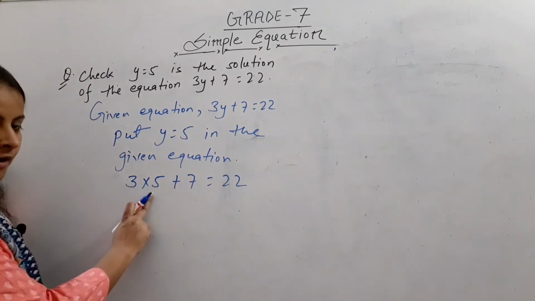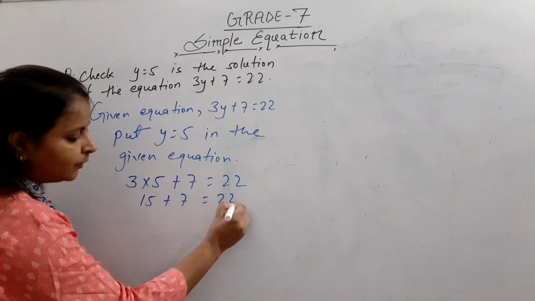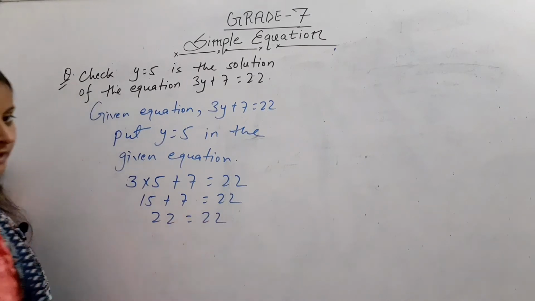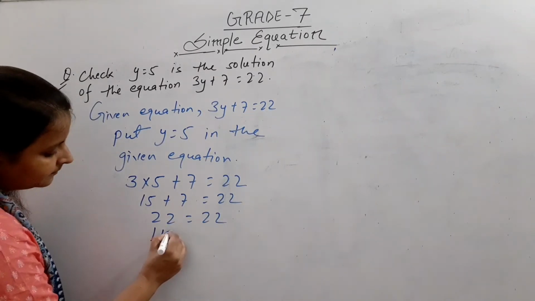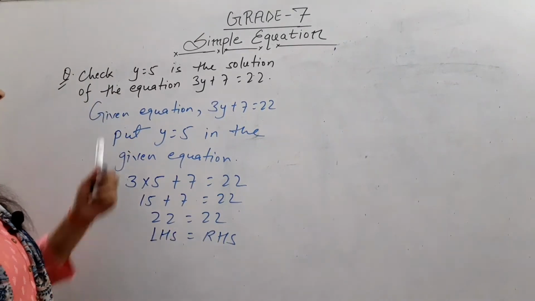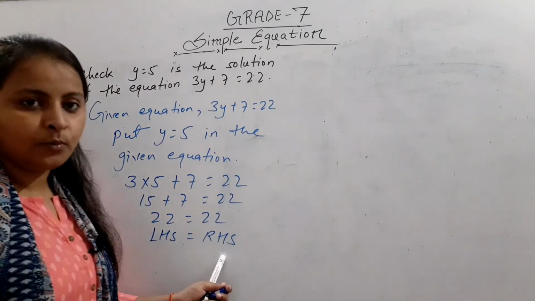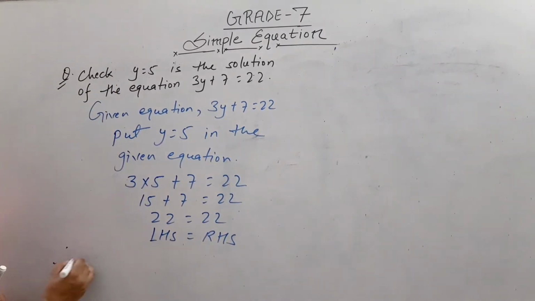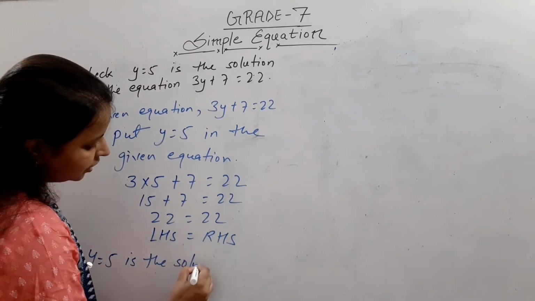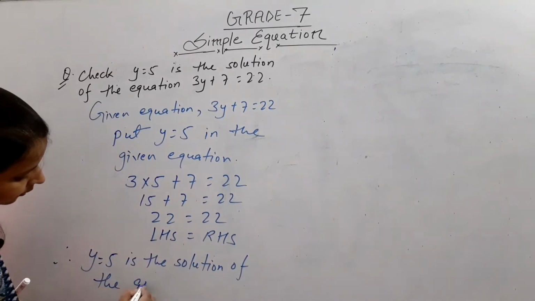We put the value of y = 5. 15 + 7 = 22. 15 + 7 we get 22, which is equal to 22. It means here LHS is equal to RHS. Students, by putting the value y = 5, we get LHS = RHS. Therefore, y = 5 is the solution of the given equation.